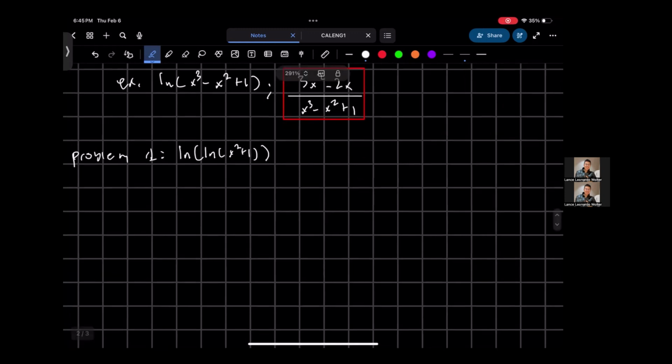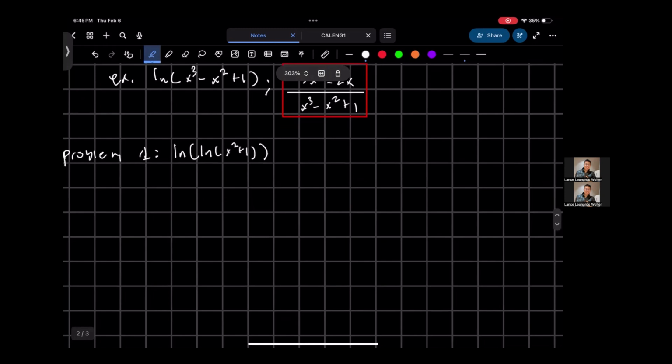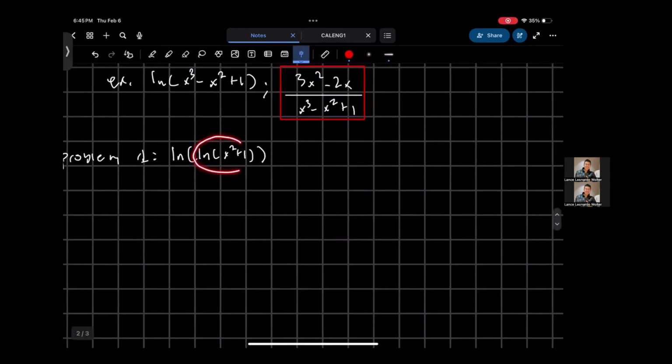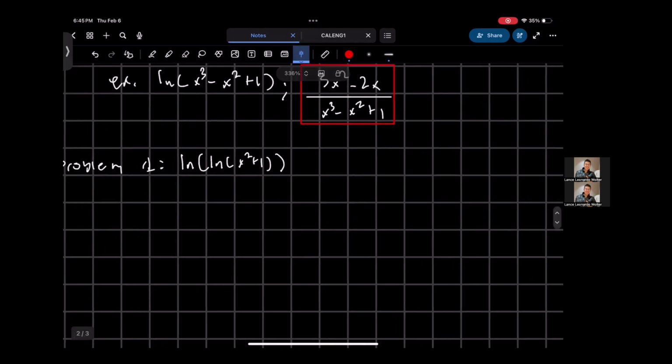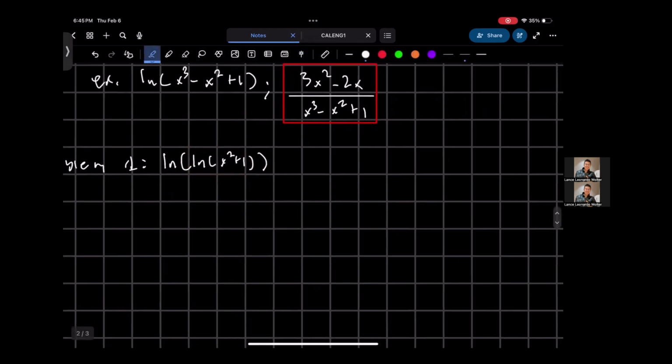Okay, let's go back to our definition. It's going to be the derivative of the inside. So remember, this is our outside ln. Now, the derivative of this outside ln is just the derivative of this inside all over this ln function. Now, let me show you what I mean.